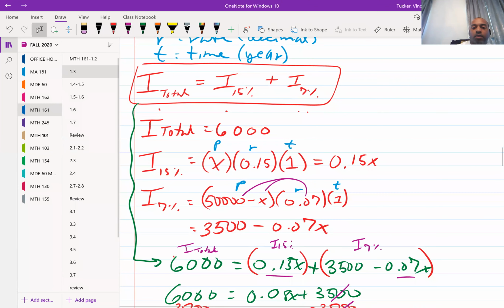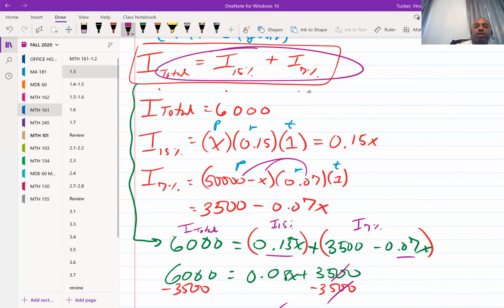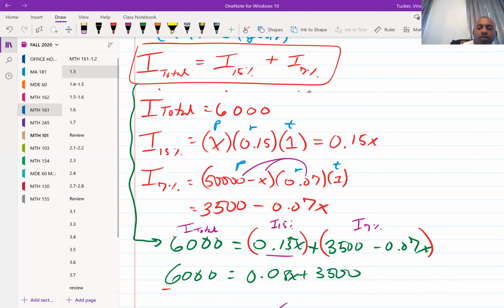All right, so now we're going to do this up here, where 6,000 is our total that we want. Let me move some of this stuff out of the way. Add our two interest totals together.